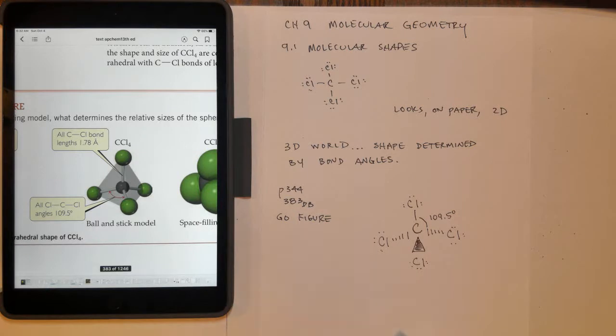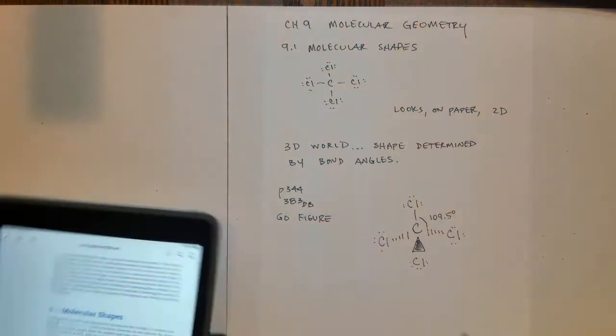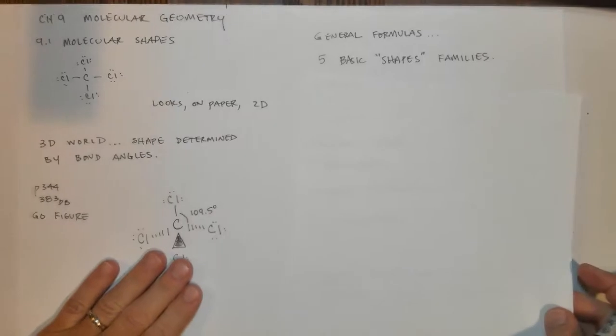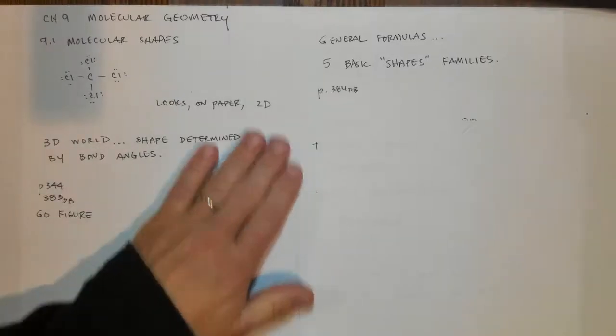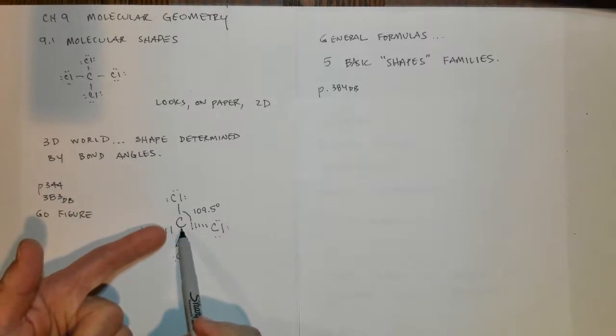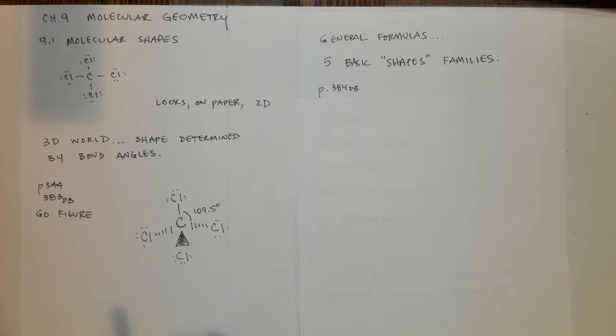So throughout this chapter, we're going to learn 5 basic shape families. Each one of these families is based on how one atom is the central portion of it, and then there are several atoms or shared or unshared electrons around it.